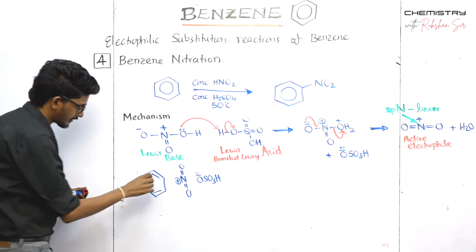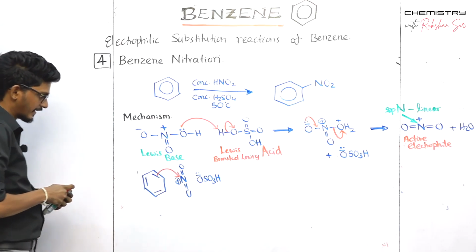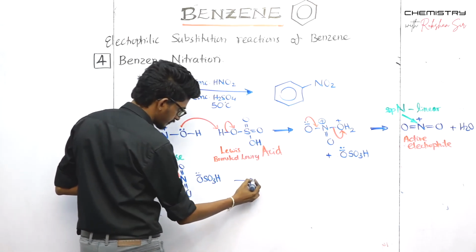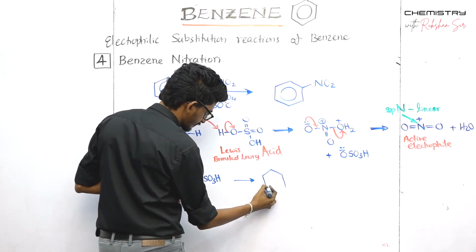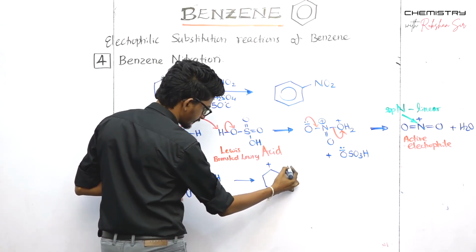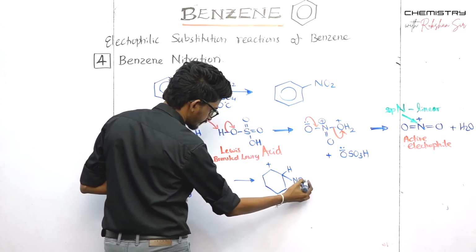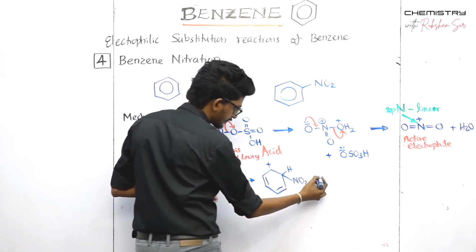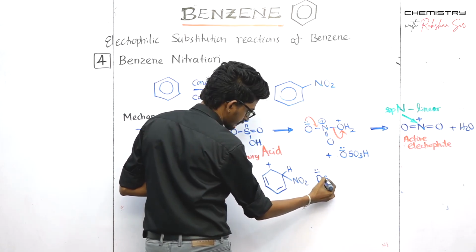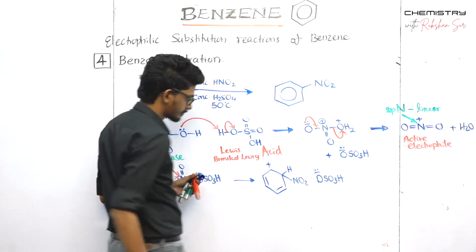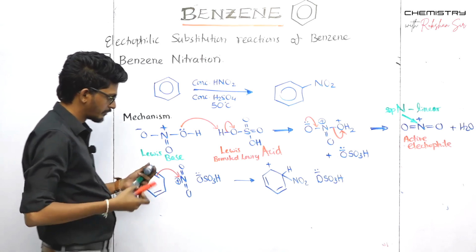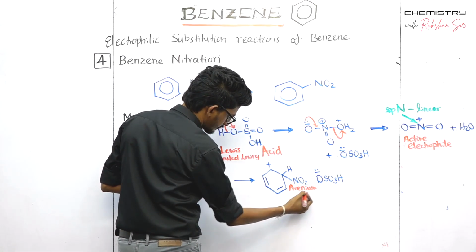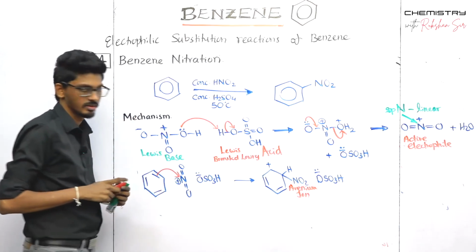So benzene will attack this to produce the arenium ion. This is your arenium ion.